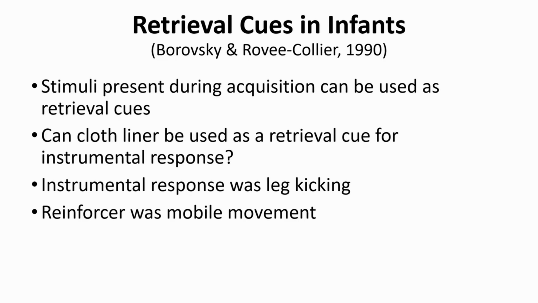This experiment was done to test the use of retrieval cues in infants. And so our researchers wanted to see if the stimuli present during acquisition could be used as retrieval cues when they were testing later on. So specifically, they were asking, can a cloth liner be used as a retrieval cue for instrumental response?